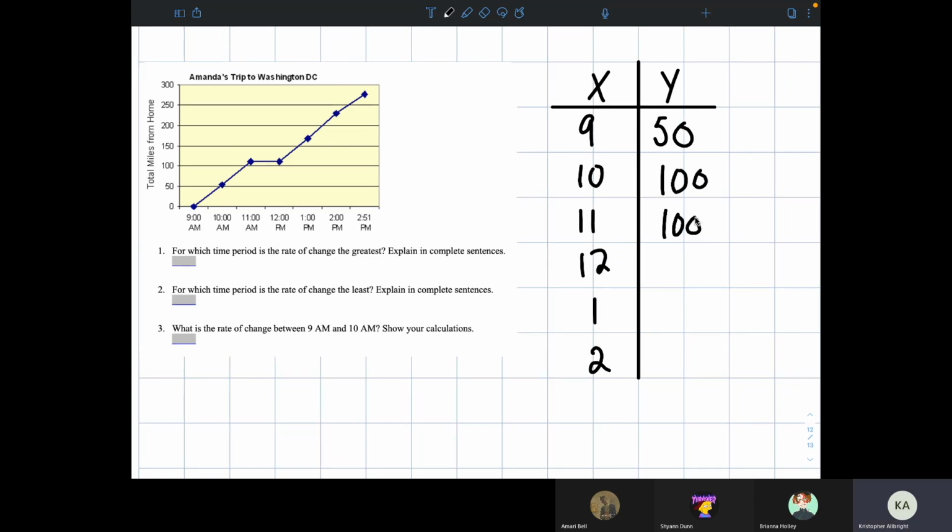And I'm not being exact here on purpose. It's kind of close. So maybe 12 is, wait, I'm sorry, this is supposed to move down. And then 1 is maybe about 175.